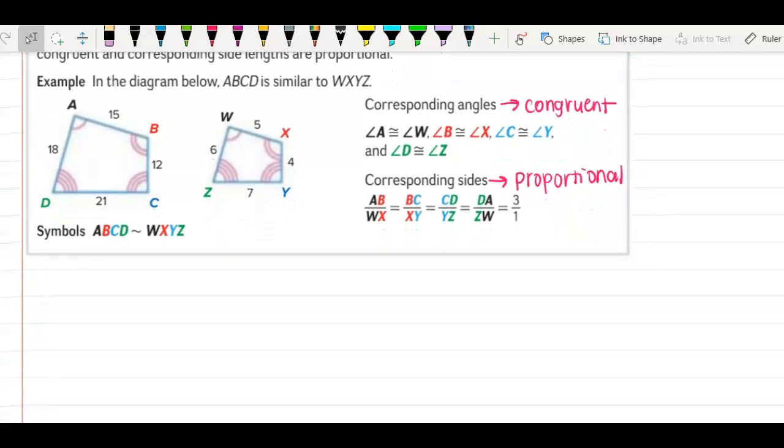Okay, so to give you a little glimpse, if we compared congruent things and similar things, you're going to see some similarities, or things that are the same.